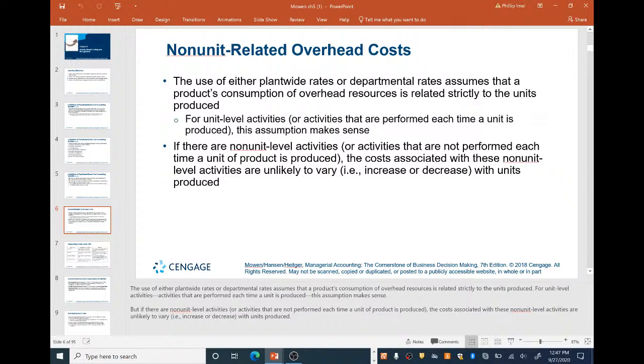If there are non-unit-level activities, or activities that are not performed each time a unit of product is produced, then the costs associated with these activities are unlikely to vary. That means they're unlikely to either increase or decrease with the units being produced.